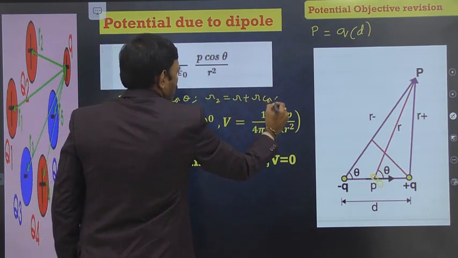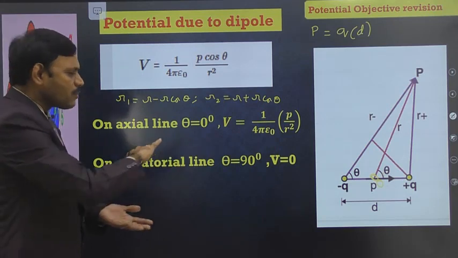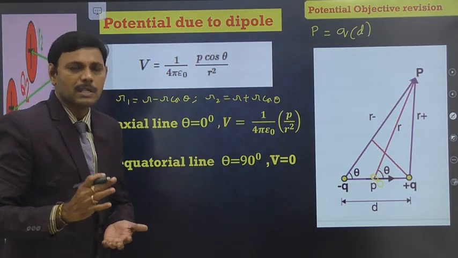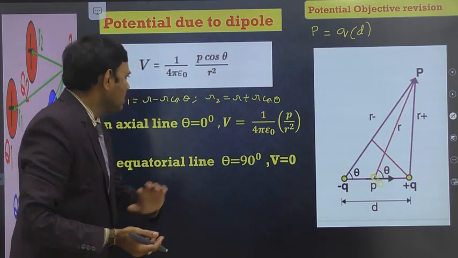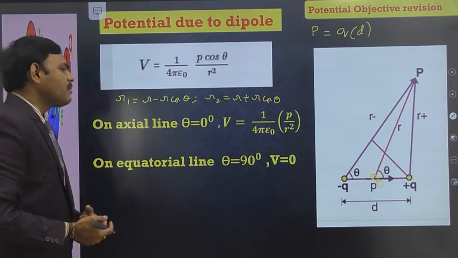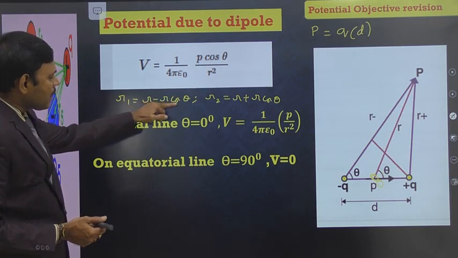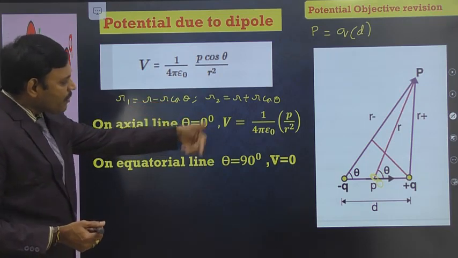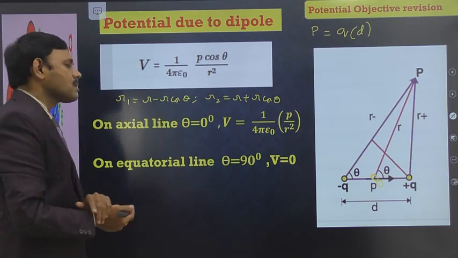Then potential at point P due to both the charges is V1 plus V2. V1 is the potential due to the positive charge, V2 is the potential due to the negative charge. Net potential is V1 plus V2. V1 is equal to 1 by 4 pi epsilon naught, q by r minus r cos theta, and V2 is equal to 1 by 4 pi epsilon naught, q by r plus r cos theta.